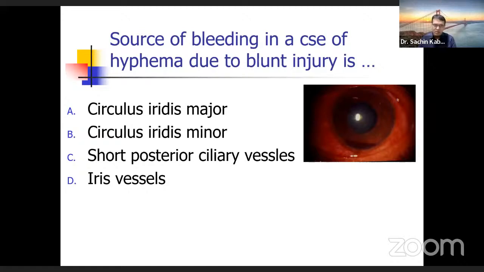Again, an anatomic question: source of bleeding in hyphema, from where it bleeds. Last 4 seconds remaining for us. Okay, the answer is circulus iridis major. It bleeds from there.